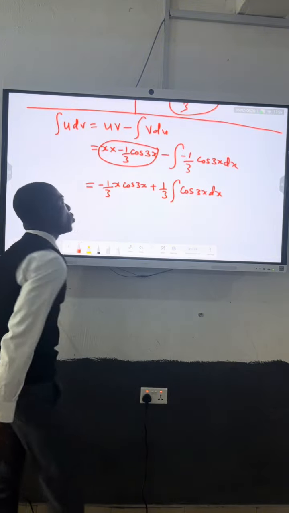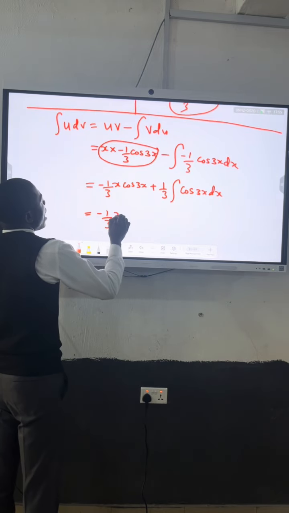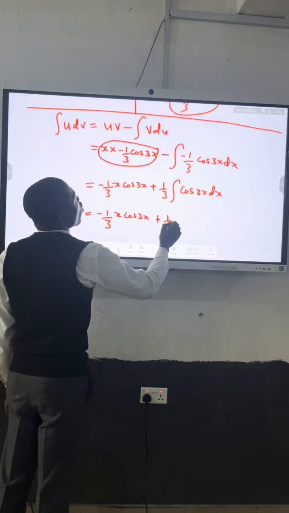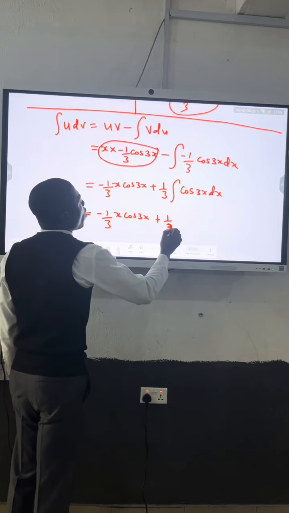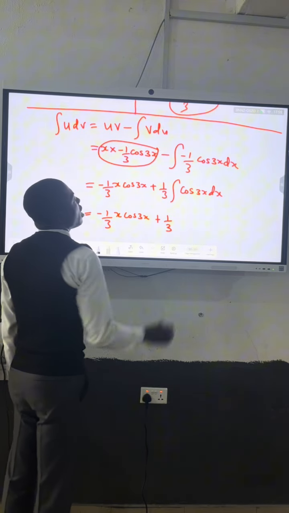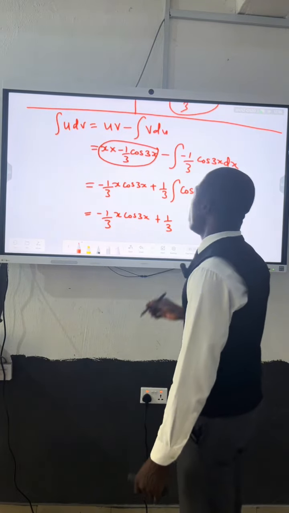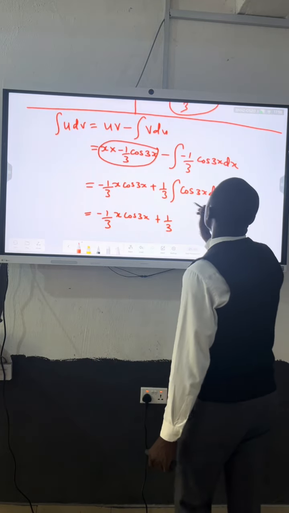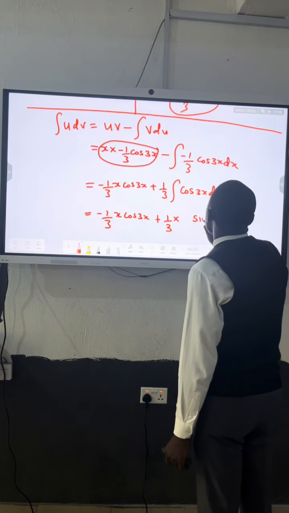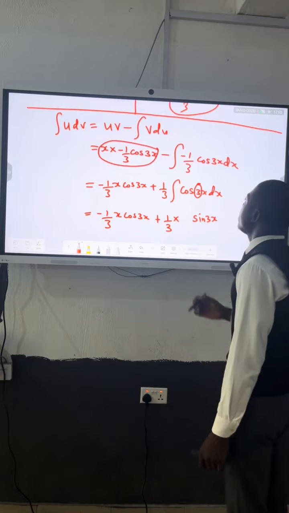All right, so if you do that very carefully, you're going to have negative 1 over 3 x cos 3x plus 1 over 3 is outside. Remember I told you something? If you integrate cosine, you get a positive sine. So if you integrate this cos 3x, first of all you're going to get sine 3x. But this 3 will come out, and then you write it as a fraction.